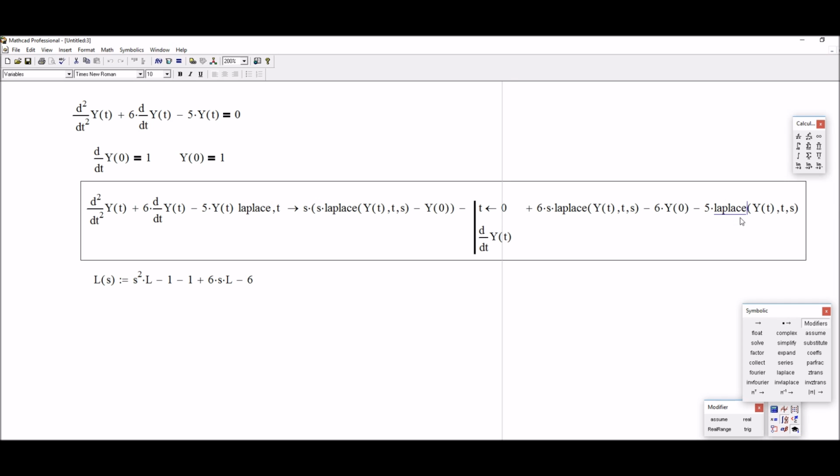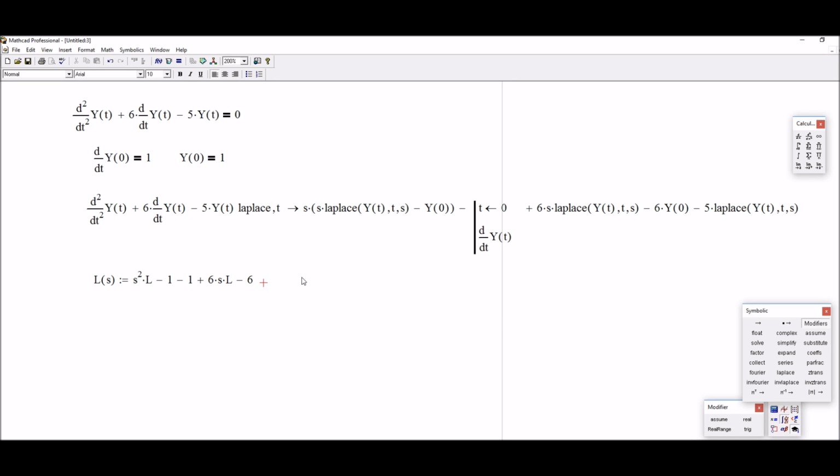And the last one is minus 5 times L. So this one equals 0, and I want to solve this one for L.